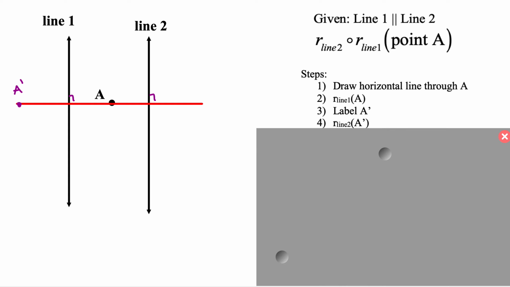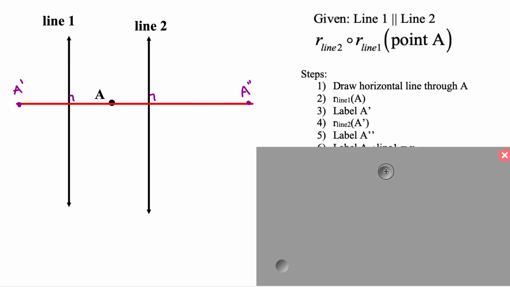Now if I do that, I probably need to extend this. Remember, this is not to scale, but the closer you do it to scale, the easier it is to visualize. When I reflect it, this whole distance has got to be the same, so I'll put it way here at the end. That's my reflection, and I'm going to label that A double prime.